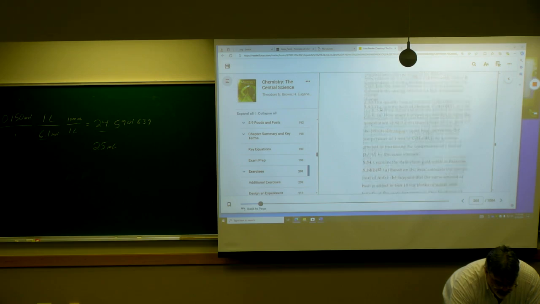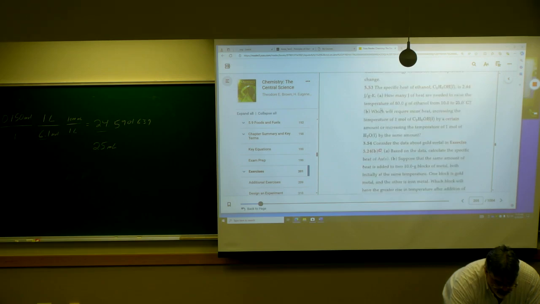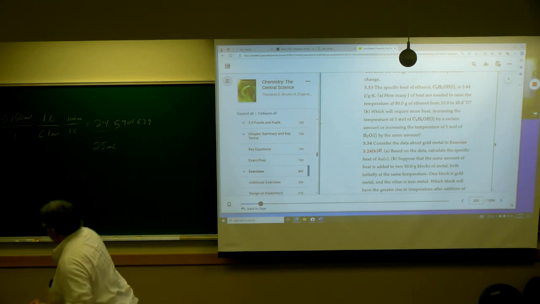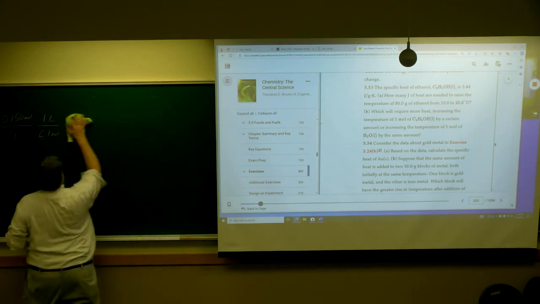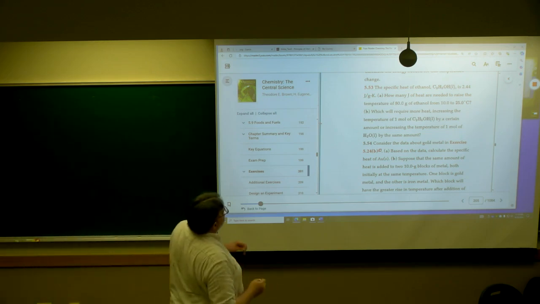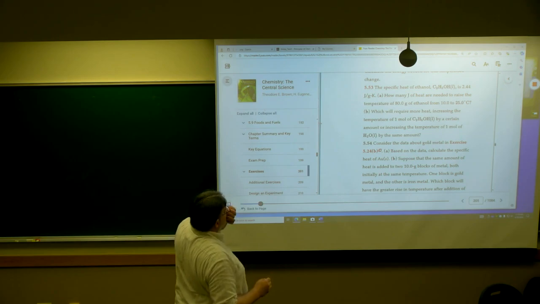You'll need more examples of these. 5.53, specific heat.